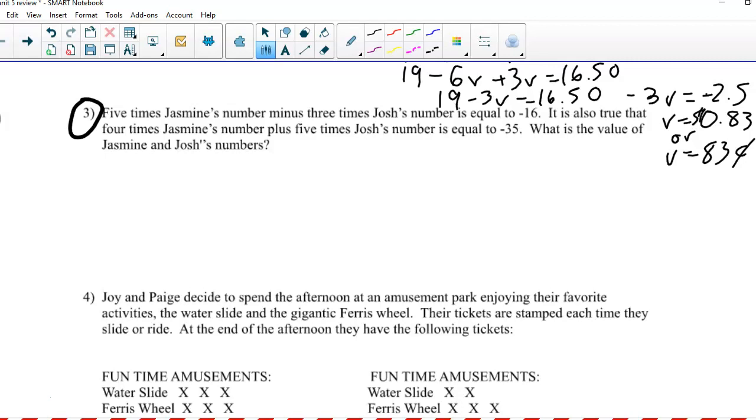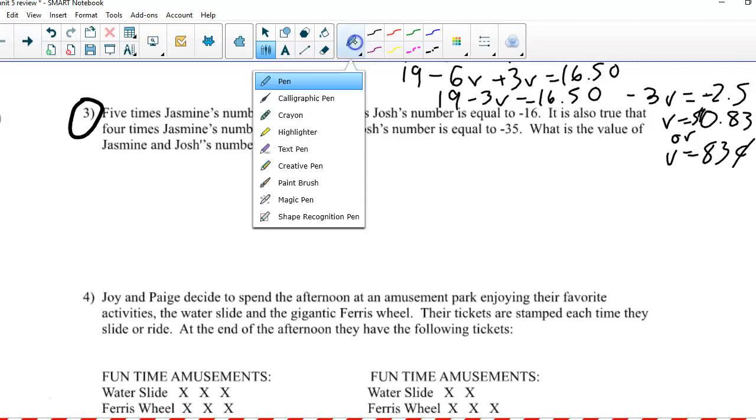Alright, for number 3, 5 times Jasmine's number minus 3 times Josh's number is equal to negative 16. It's also true that 4 times Jasmine's number plus 5 times Josh's number is equal to negative 35. What's the value of Jasmine and Josh's numbers?